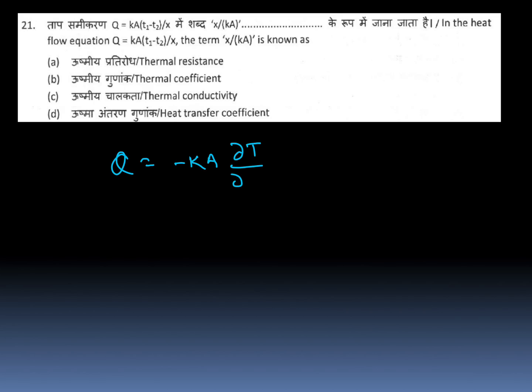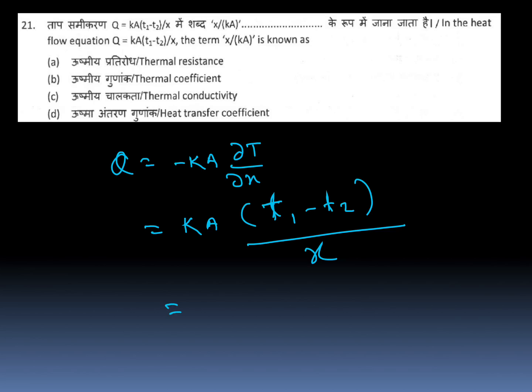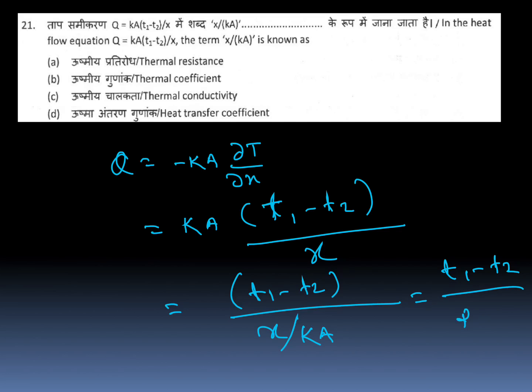The term X by K, we can write it as T1 minus T2 divided by X by K, or T1 minus T2 divided by thermal resistance. This entire term X by K is thermal resistance. So A is your answer.